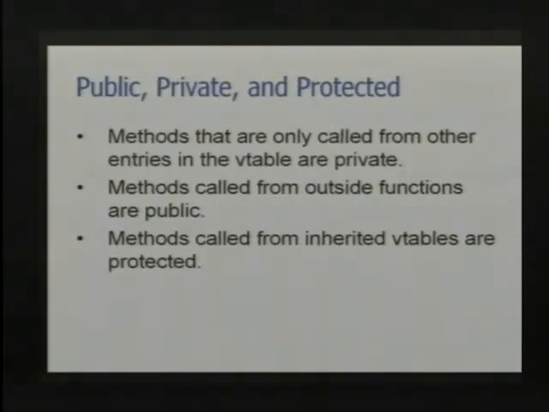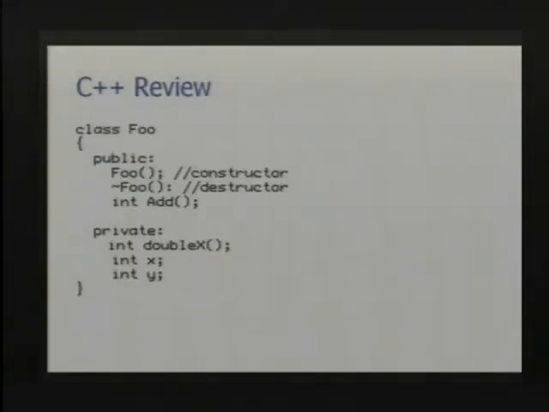And what we use cross references for is to determine what's public, what's private, and what's protected. Looking at something like this, we know that $x can only be called from within the class of foo, right?